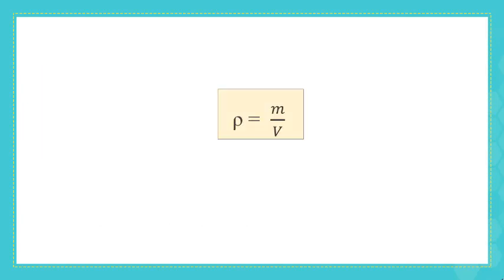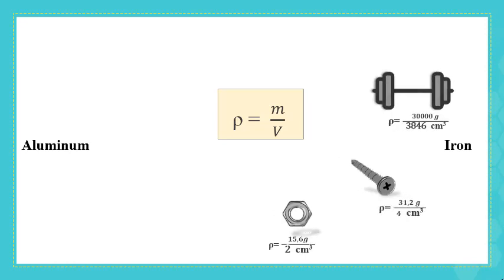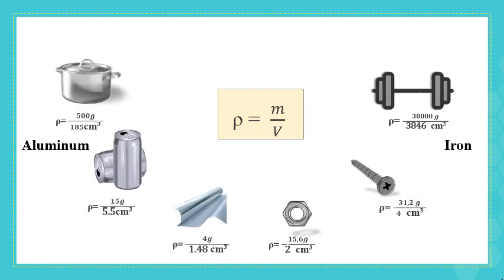Rho, that is equal to mass over volume, in these two substances, iron and aluminium. These are different things that are made up of iron, where they have different masses and different volumes. And here there are different things that are made up of aluminium. Also, they have different masses and different volumes.